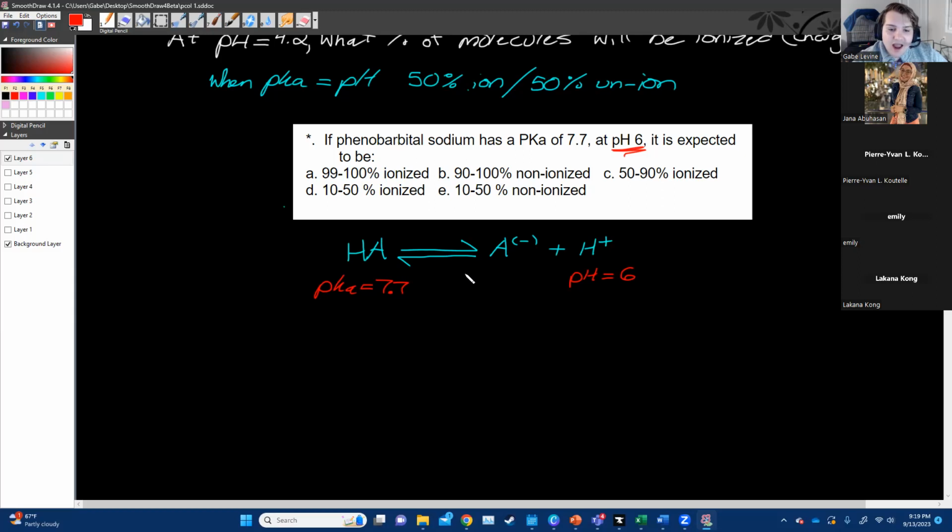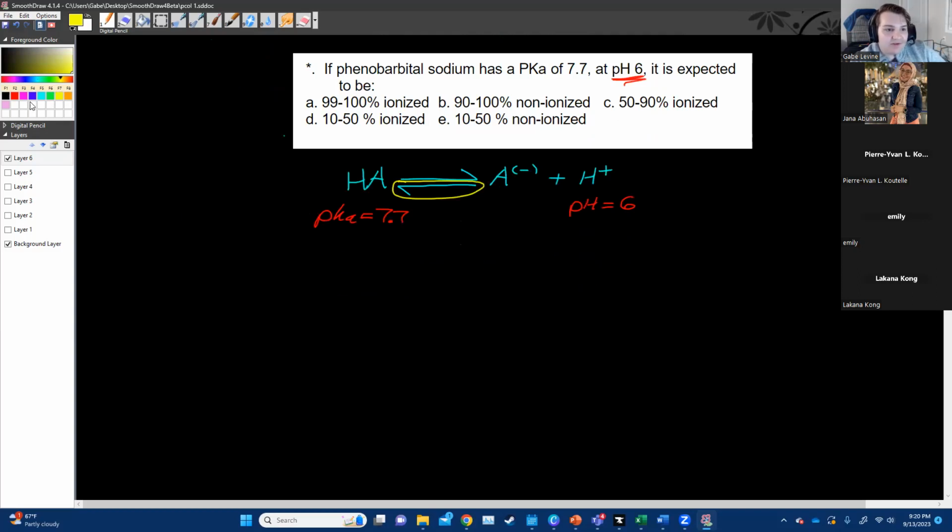So at a pH of 6, is Mother Nature going to choose the neutral or the charged form? Is it going to choose the left or the right? Left side, right? Mother Nature will always choose the higher number, the weaker acid. So in this case, 7.7.